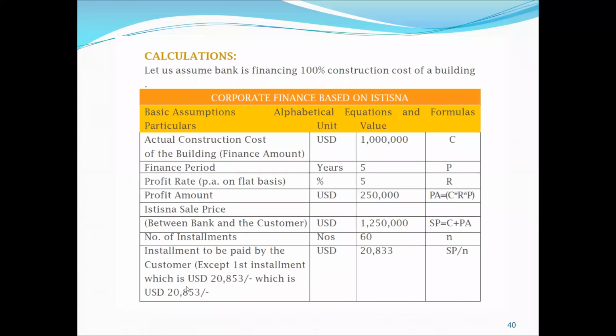Maybe they might be charging some fee, like if you go to any bank for a loan, they may charge you a fee for this paper-based work. This can be the reason.